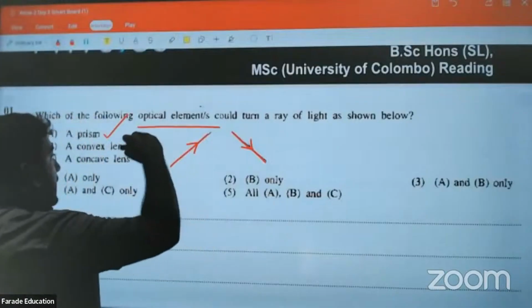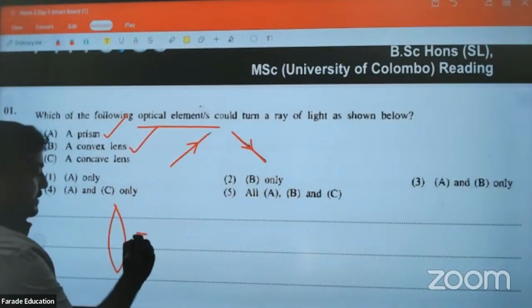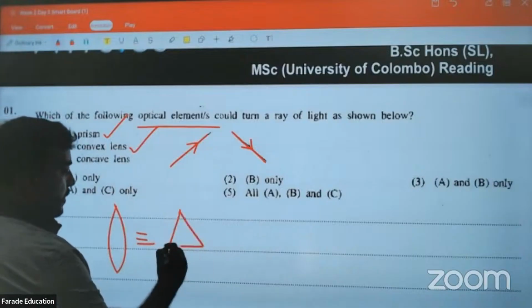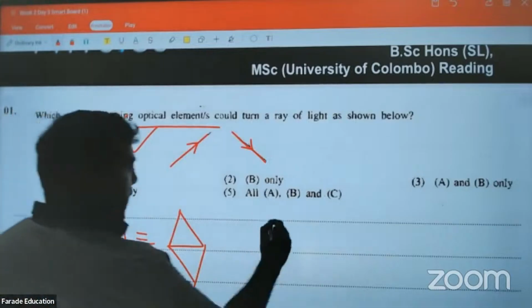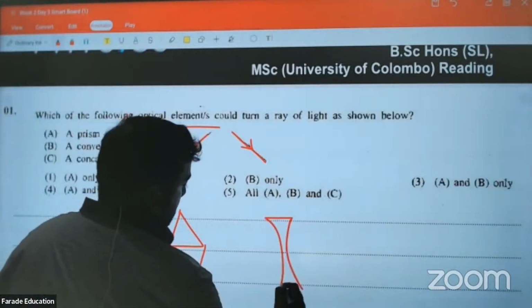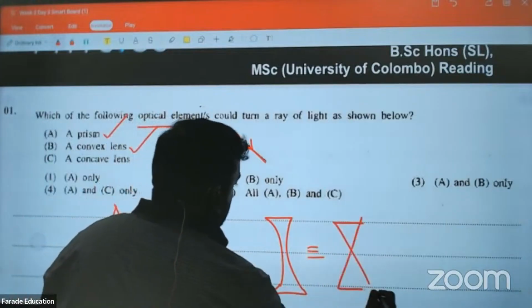It is also familiar in a convex lens. Now how? A convex lens, you can assume, is made out of 2 prisms. A concave lens also you can consider made out of 2 prisms like this.